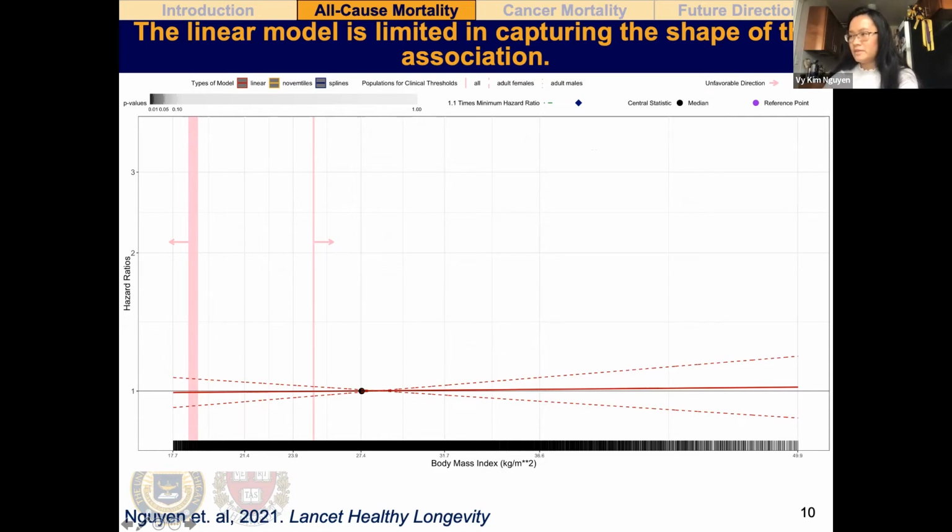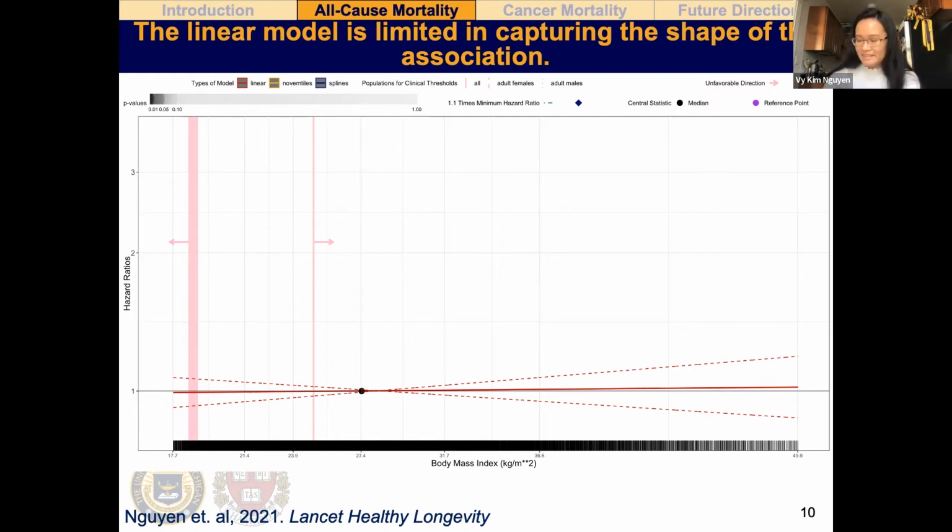The arrows indicate when you're outside that normal range. And this red line shows the linear model. What we see here is that it's saying that regardless of what your BMI is, regardless of your ratio of weight versus height, there's no risk for mortality.